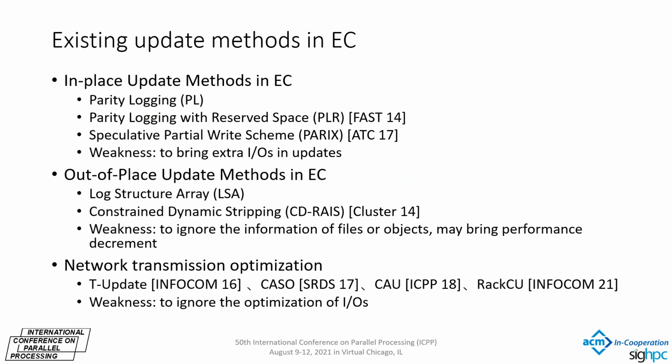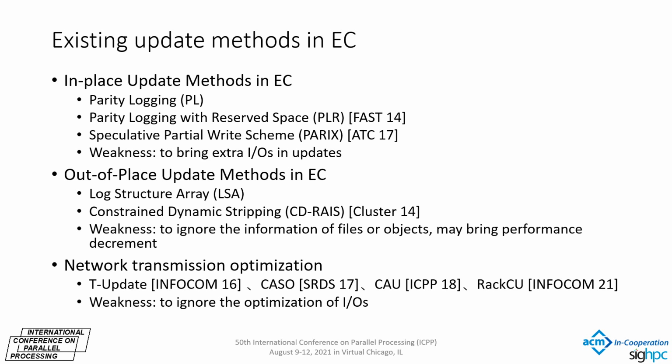In the past 2 decades, several methods have been proposed to improve the update performance. In-place update methods include parity logging with reserved space and speculative partial write scheme, but they bring extra IOs in updates.